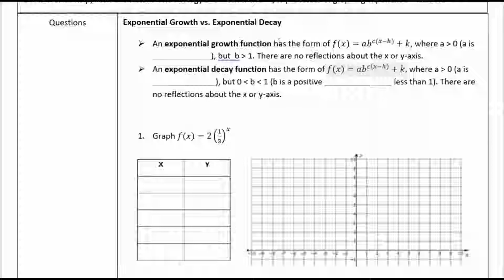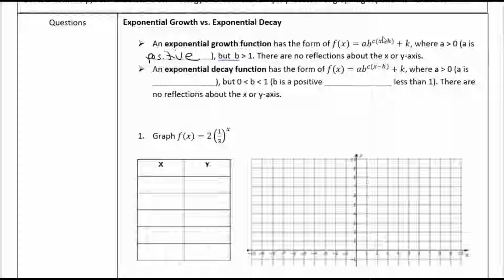An exponential growth function and decay function both have the same form, which is the form that we talked about last time, a b to the c times x minus h plus k. So that form is the same. However, for the exponential growth function, a is positive, so a is greater than 0, and b is positive, but b is greater than 1.